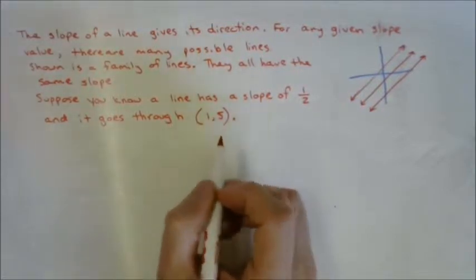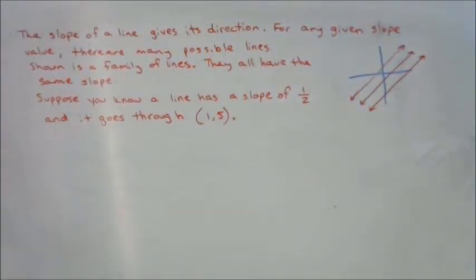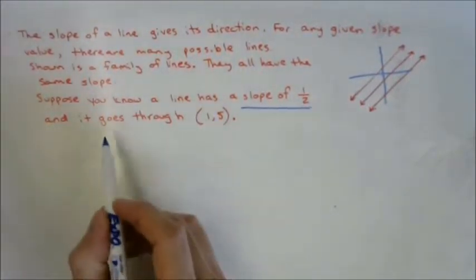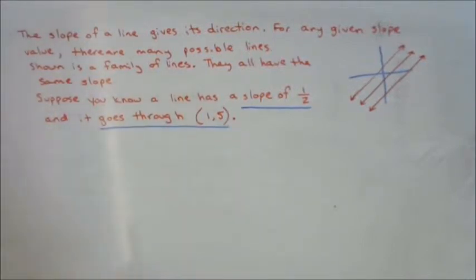So think about that and don't call anything out loud. But let's say you know that a line has the slope of 1/2 and it goes through 1, 5. How many lines do this? Don't call it out.